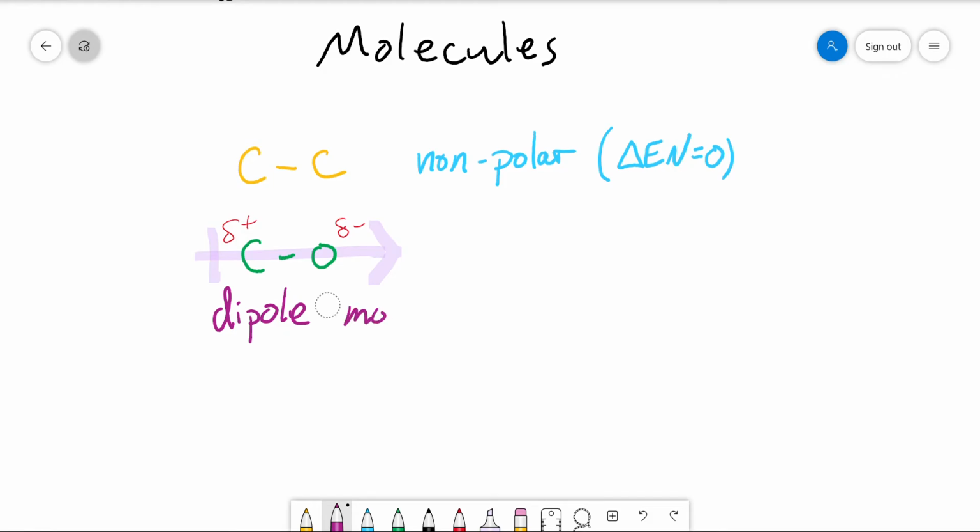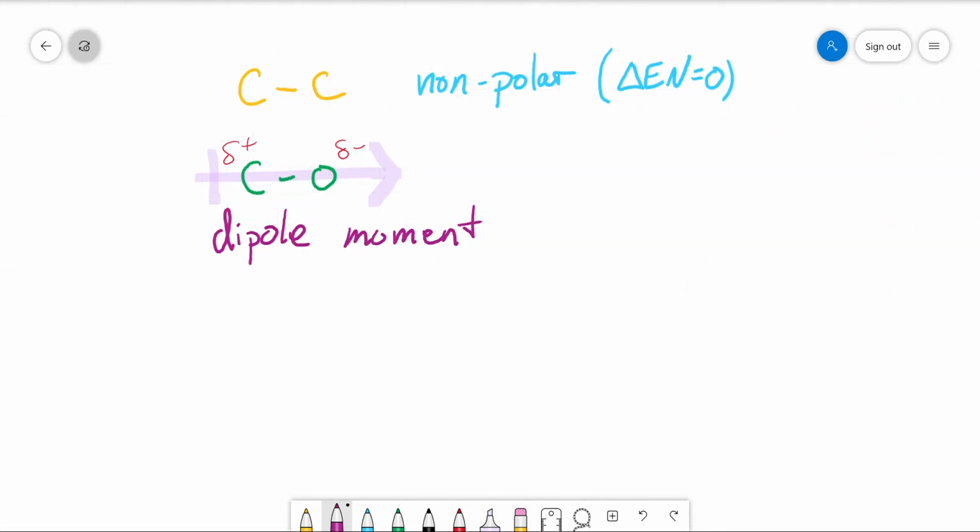And that dipole moment, all it does is show us which direction the electrons are going. So we could do this with any bond, all right? But when you put them into a molecule, things change a little bit.